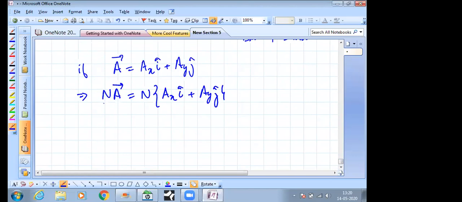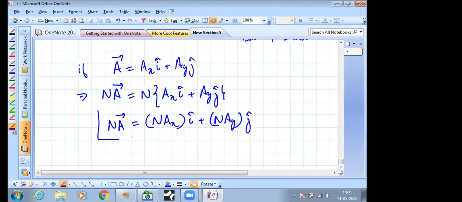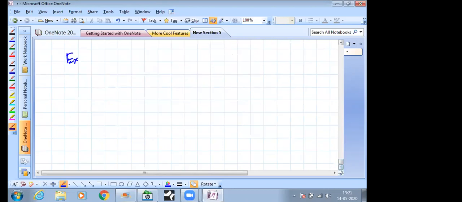When we multiplied A by n, on the right hand side n is getting multiplied with this whole bracket, which is a scalar quantity Ax into i cap plus a scalar quantity Ay into j cap. So you just apply the distributive property. So it becomes n times Ax, the whole thing into i cap, plus n times Ay, the whole thing into j cap. So n times a vector A is the same thing as a new vector with the components becoming n times. Very simple.